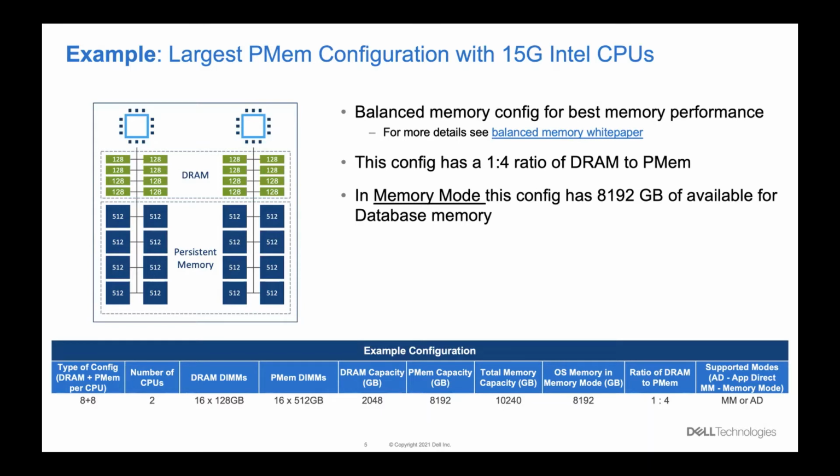So on the slide there is an example of a real-life server which you can buy from stock with a configuration of DRAM and PMem 1 to 4, and it is able to leverage 8 terabytes of memory in memory mode for your application and for Oracle data. And another 2 terabytes of DRAM capacity will be dedicated to cache.